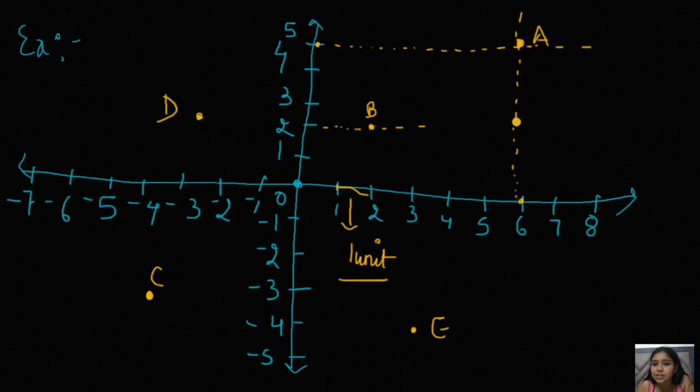Basically this line meets at 6 on the x-axis, that is why 6 is the x coordinate, and this particular line meets at 5 on the y-axis, so the ordinate is 5. This is the B point, it is meeting at 2 on the y-axis and 2 on the x-axis, so both the coordinates are 2 and 2.